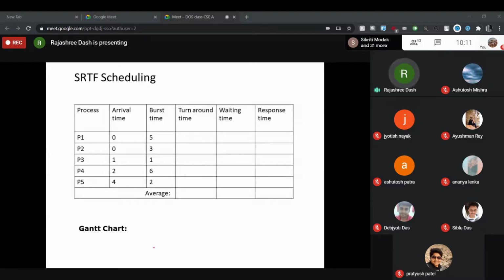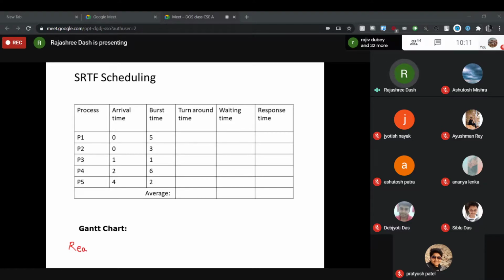Because when a new process enters the ready queue, just by looking at the arrival time you can find when a process enters the ready queue. At that time, the scheduler compares its burst time with the remaining burst time of the currently executing process. So here, before drawing the Gantt chart, all of you have to simultaneously draw the ready queue.